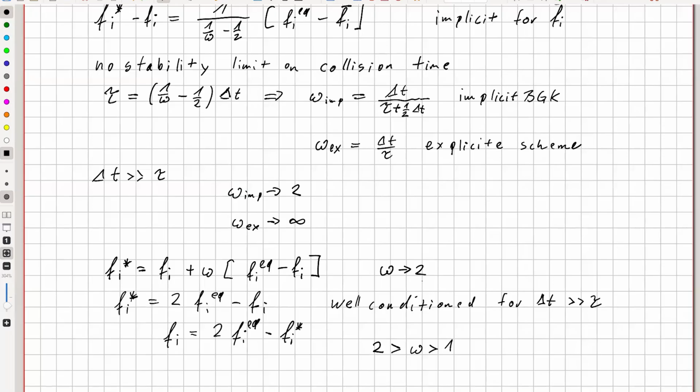This regime, with omega larger than 1 and smaller than 2, is called over-relaxation. Over-relaxation. And there's actually another funny history.